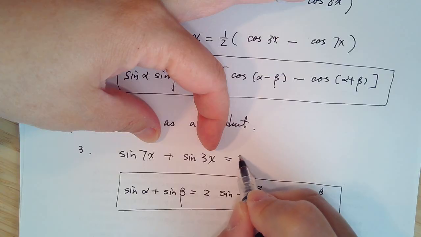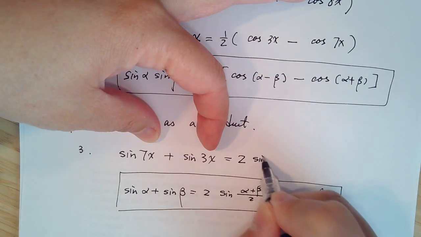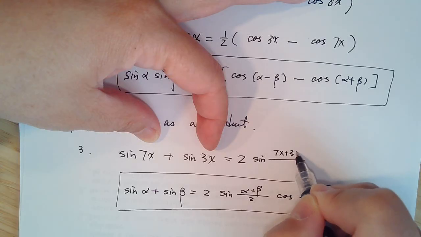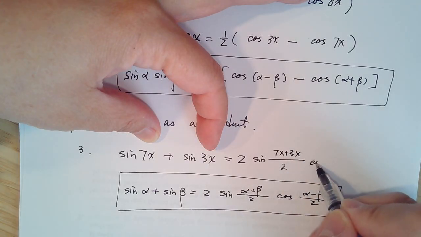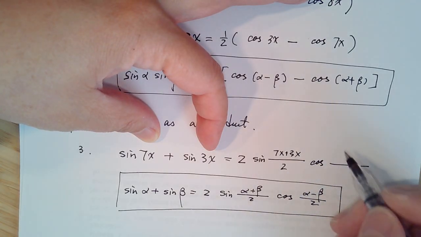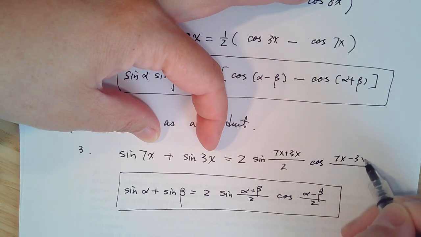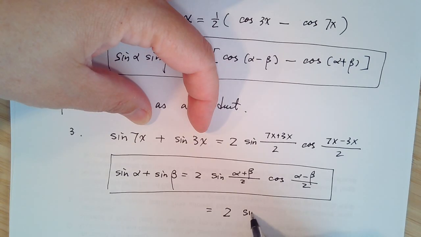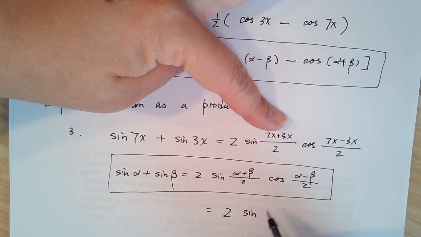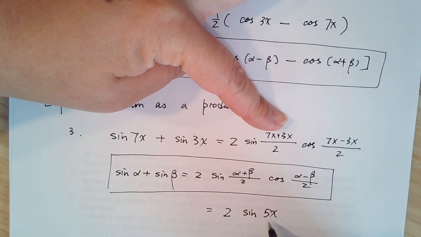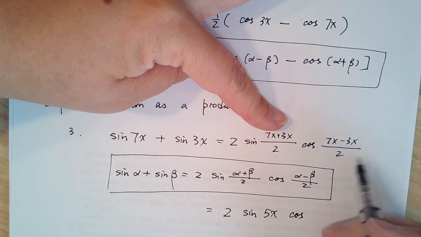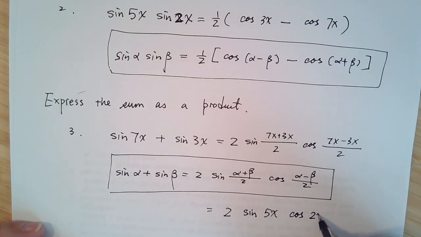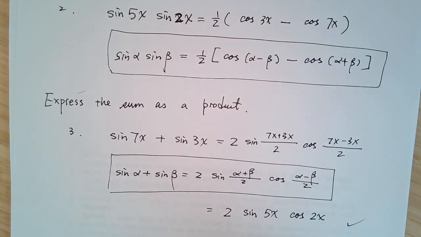Therefore, that becomes twice of sine of 7x plus 3x over 2, and then cosine of 7x minus 3x over 2. So the answer is 2 sine, the top is 10x over 2, so that's 5x, and then cosine, 7x minus 3x is 4x over 2, that's 2x. So that's your answer.